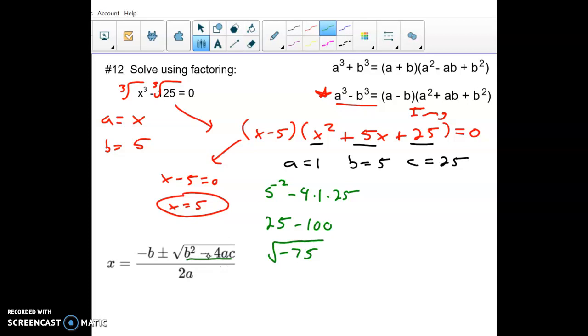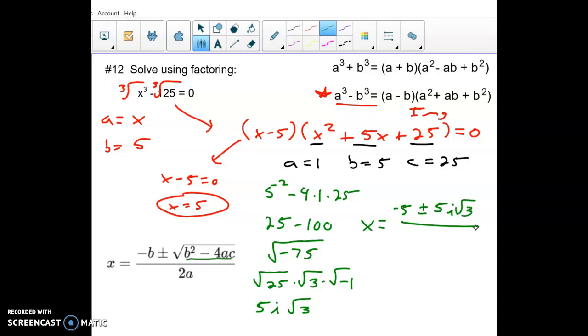And then I just got to clean that up. So that's a radical underneath the radical. We're going to do simplest radical form. So 25 and 3 for the 75. And then the negative part is going to become i. So I'm going to pull that apart, 3 things. That gives us 5, an i, and a radical 3. Square root of negative 1 again is i. So our answers, if we compute our formula here, are opposite of b, plus or minus that 5i radical 3, all over 2a, so just 2.